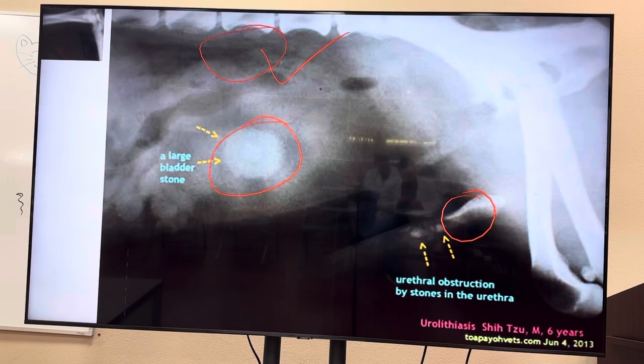From the beginning to the end of the urine is blood. So the dog begins to pass urine, and from the beginning to the end of the urination, everything is bloody. If it is here, what you will see is the beginning of the urine is free of blood, and the last drop of it comes with blood.